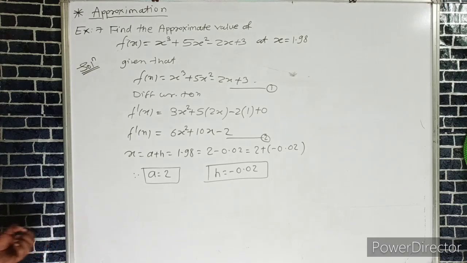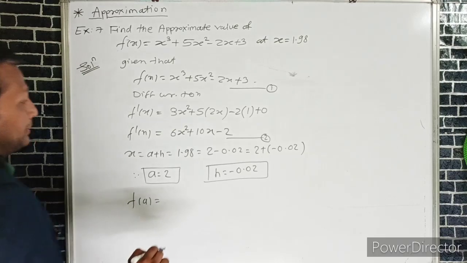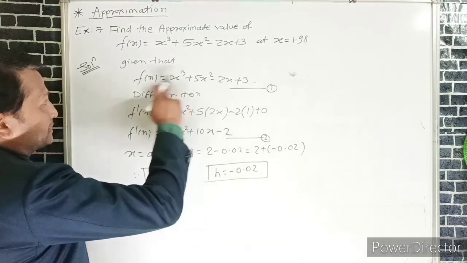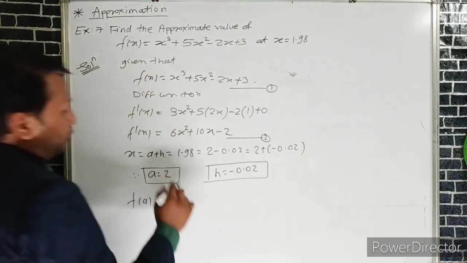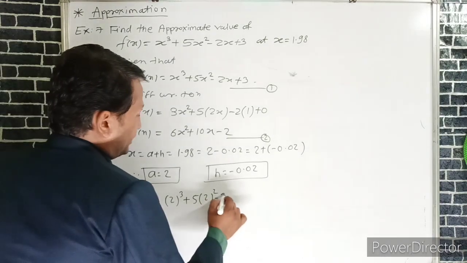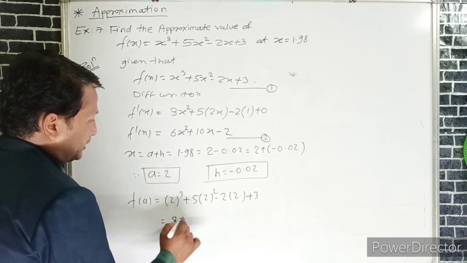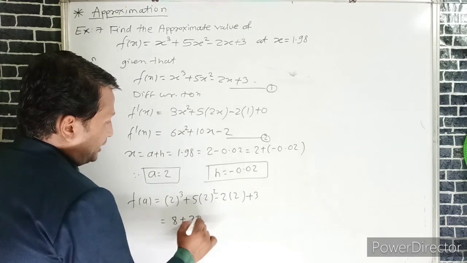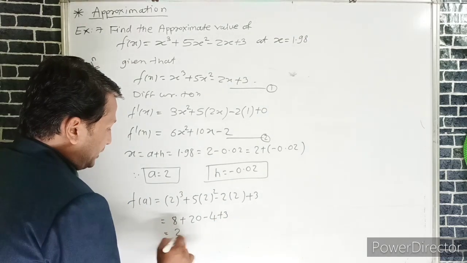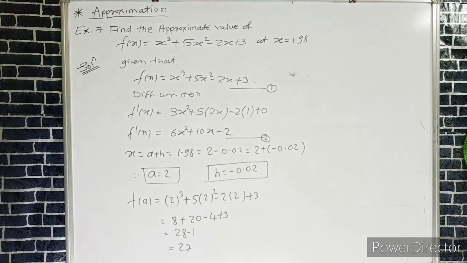From the above condition, we can find the value of f of a, which means the value of f of 2, which is 2 cube plus 5 into 2 square minus 2 into 2 plus 3. 2 cube is 8 plus 5 into 4, 20, minus 4 plus 3. So 28 minus 1 is 27, the value of f of a.